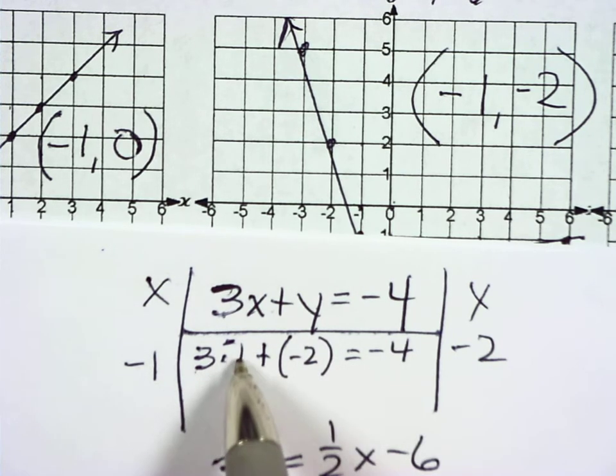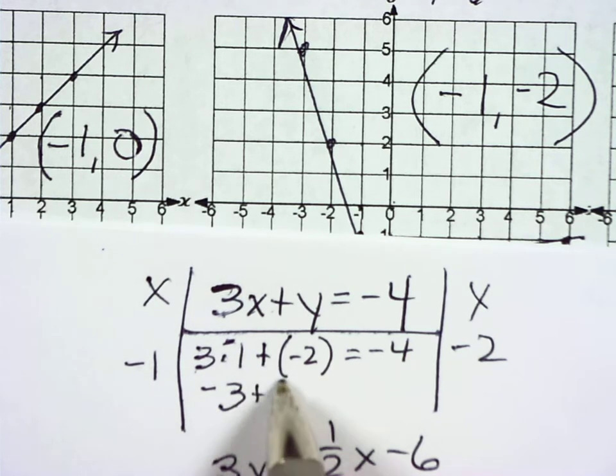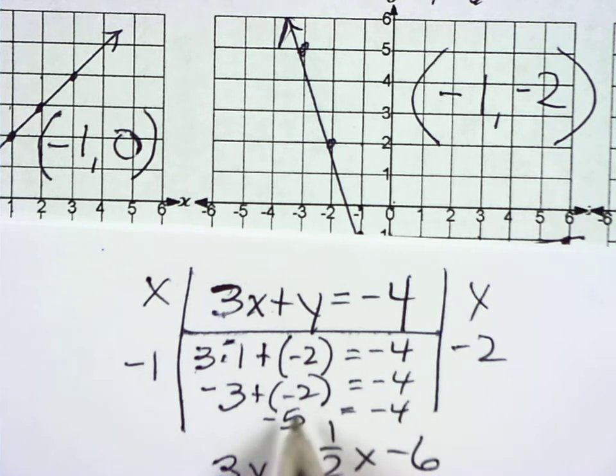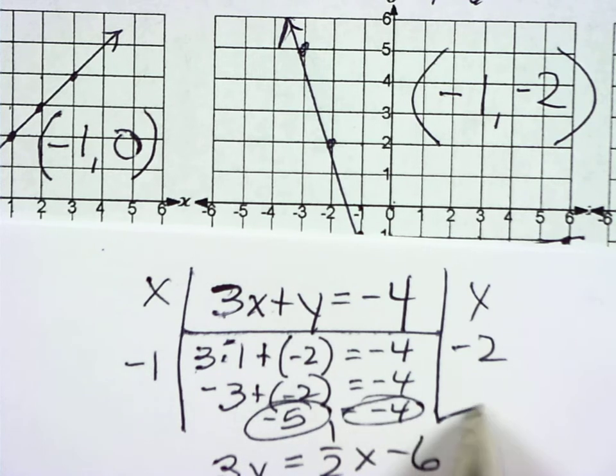Well, 3 times -1 is -3. If I combine 3 negatives with 2 negatives, I'm going to get 5 negatives. And that is not true. Pretty stinking close, but it's not true.